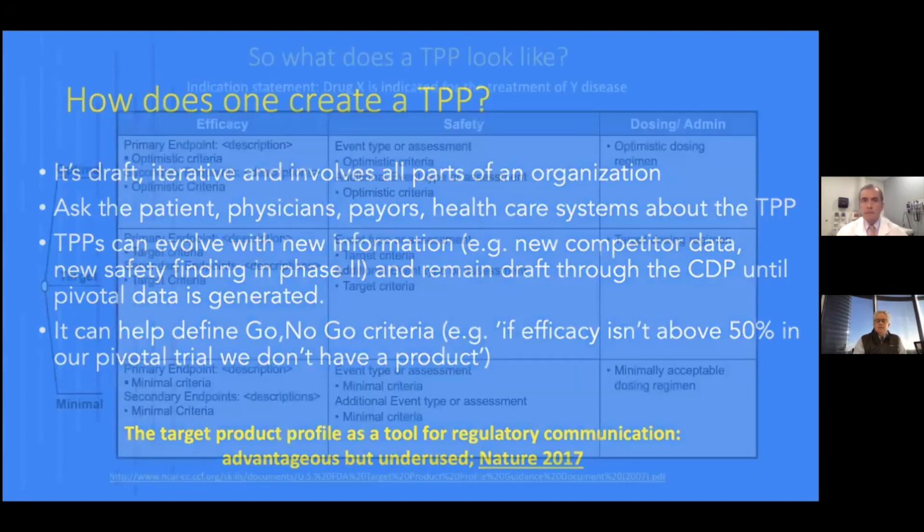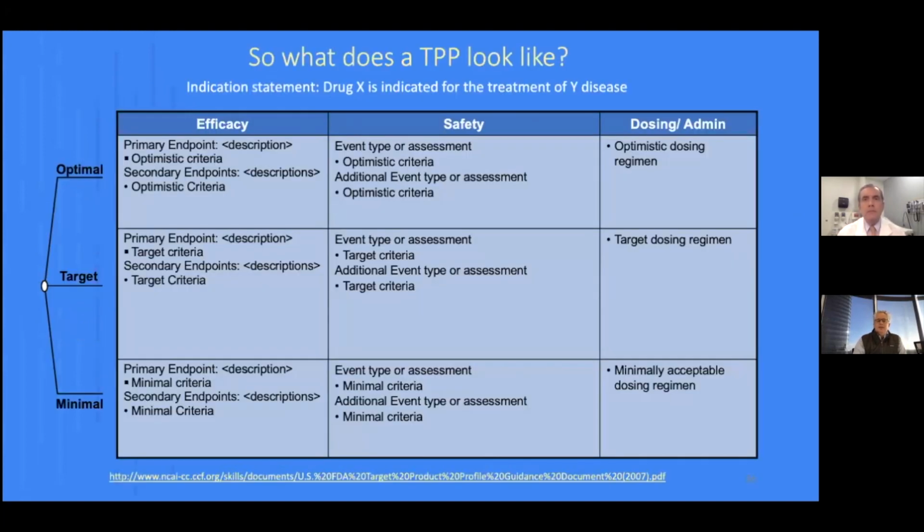The next slide shows you just a basic example of what a target product profile would look like. Typically, you have an indication statement that says drug X is indicated for the treatment of a particular disease. Efficacy measures, that include the primary endpoint or secondary endpoints. Safety measures that might have some criteria related to the safety profile that would be acceptable in that particular disease. And then dosing and administration.